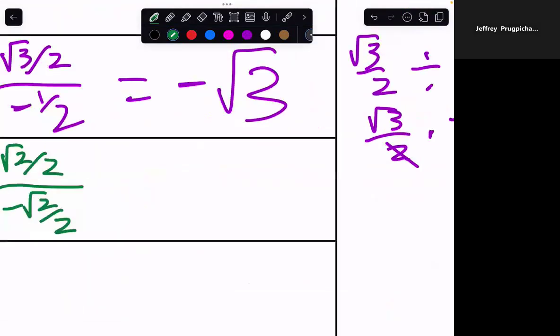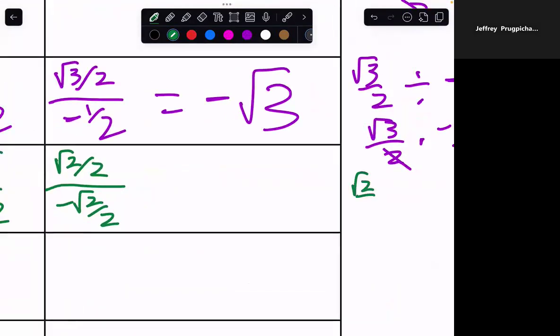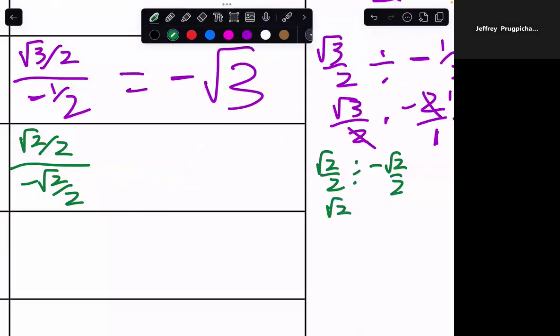I'll do that off to the side. Again, to divide fractions, we can instead multiply by the reciprocal. So these cancel out, but these also cancel out. So it equals -1.